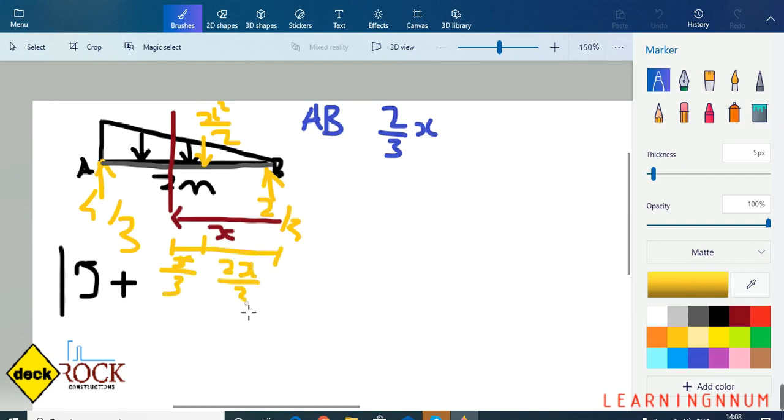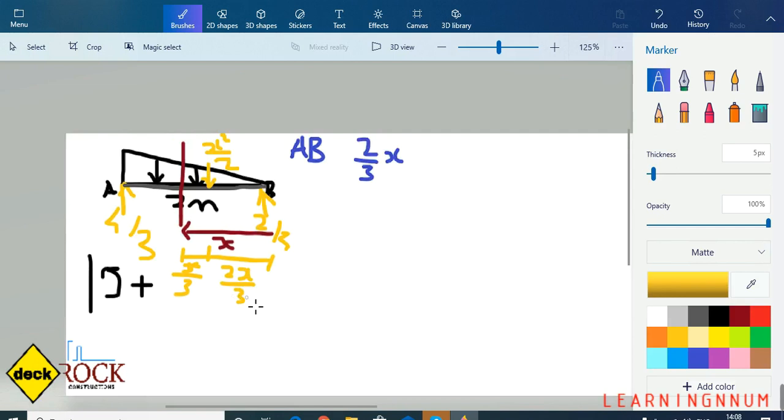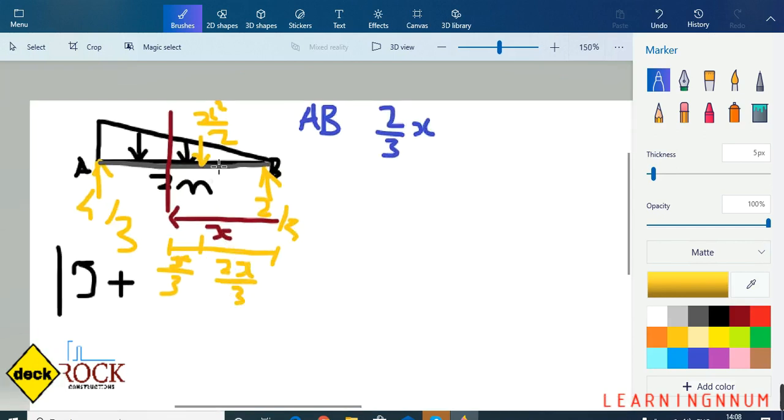But we are interested to find out the moment. So moment is what? Force into perpendicular distance. So the force is x square by 2. The perpendicular distance from x square by 2 to the section is x by 3, right? And that is acting clockwise, right? So right side clockwise is negative.